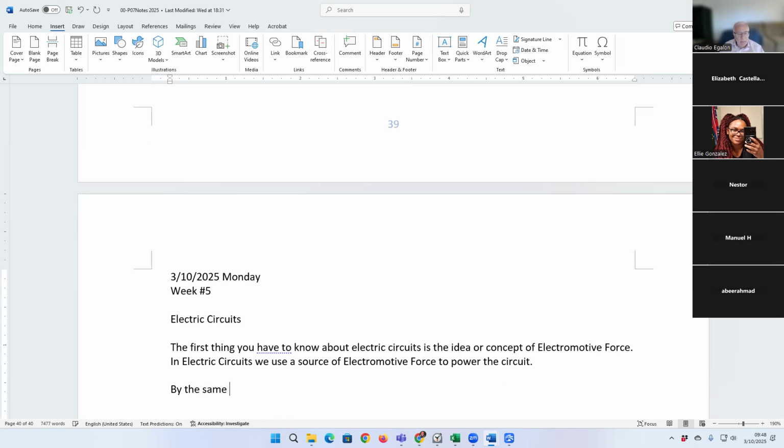By the same token that the engine of your car is used to power your car, we also have an engine to power an electric circuit.